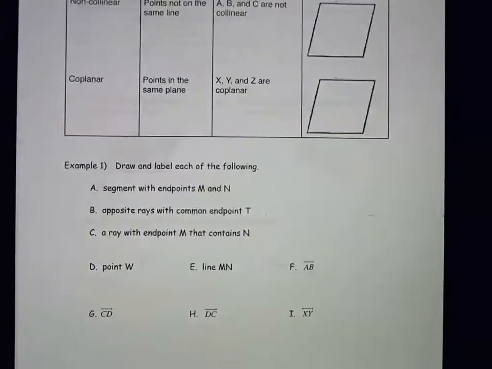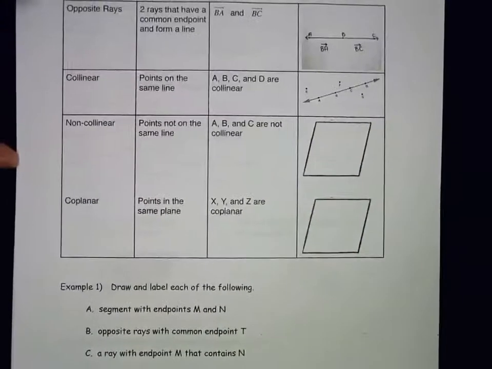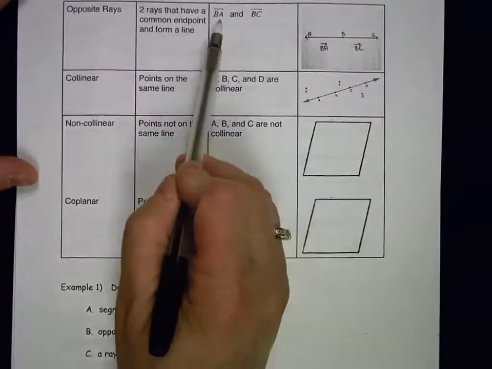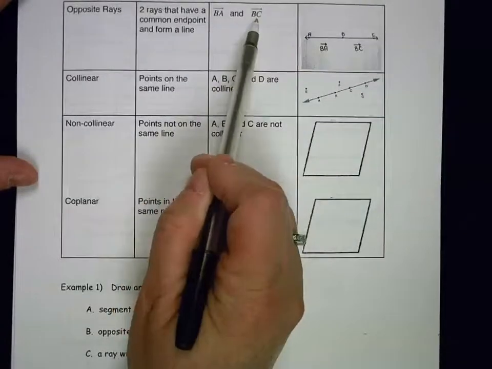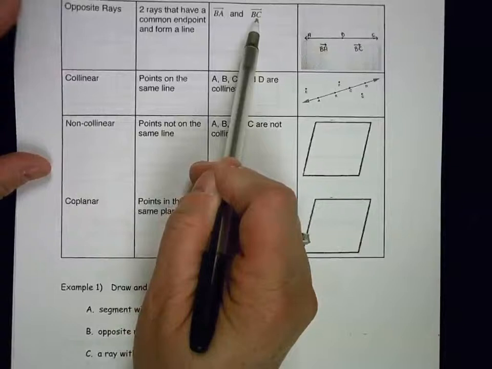Couple definitions on our next page. Opposite rays are 2 rays that have a common endpoint and they form a line. So we have the ray BA and the ray BC, which are opposite rays.